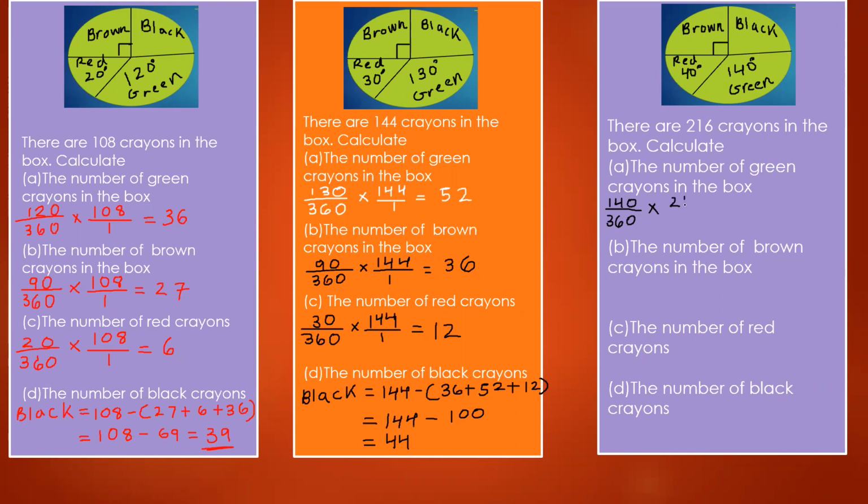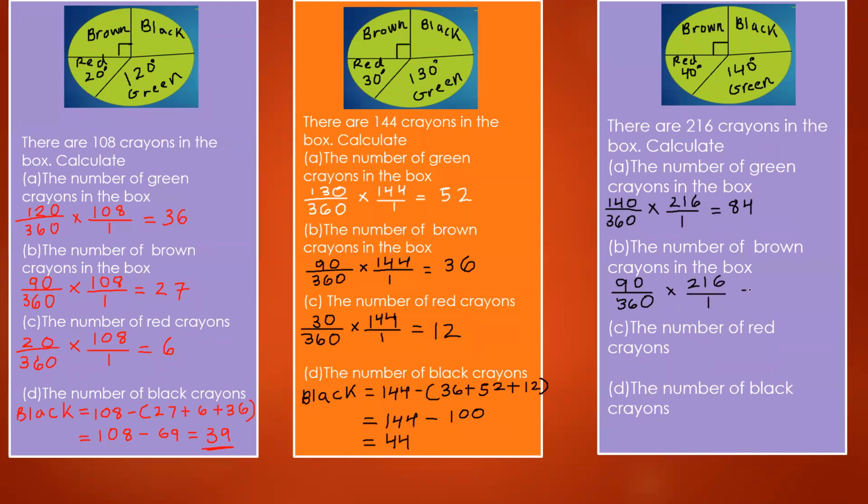For brown crayons, it's 90 over 360 times 216 over 1. Cross out the zeros from the 90 over 360, which equals 9 over 36 times 216 over 1.